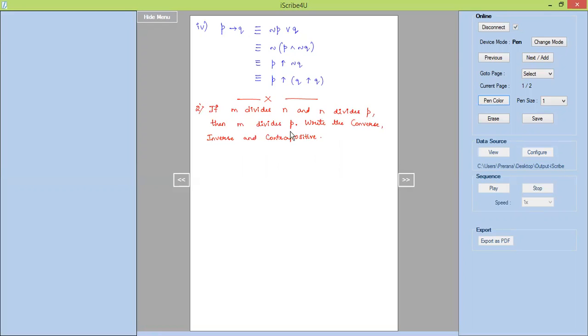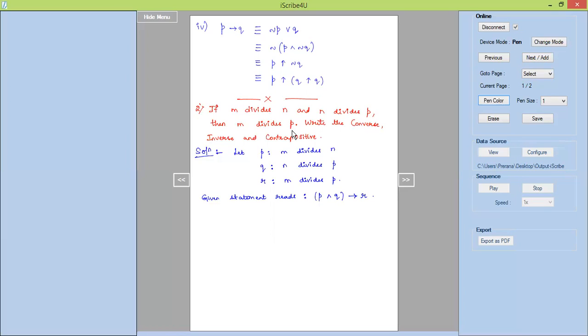So we will respectively represent them as P, Q, R. Let P denote m divides n, let Q be n divides p and let R be m divides p, so that the given statement reads in the form P and Q conditional R.